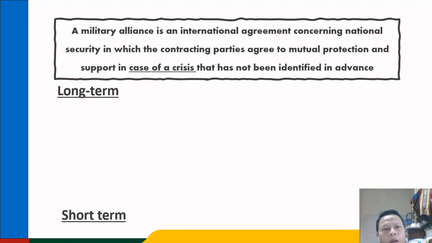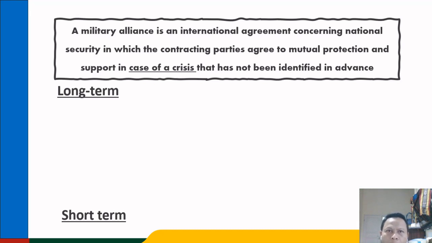Okay, for alliance, this is close to a military alliance, which is an international agreement concerning national security in which contracting parties agree to mutual cooperation, mutual protection, especially in case of crisis. I have underscored this: in case of crisis.